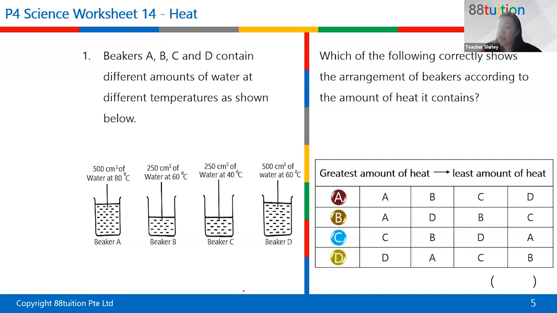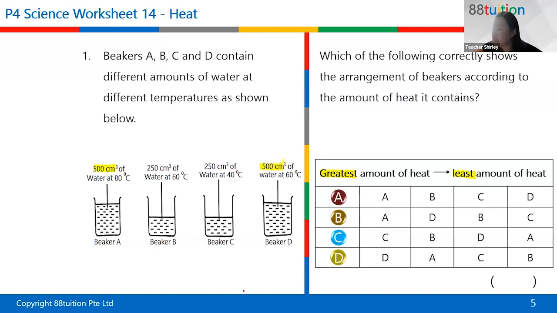Okay, now question 1. Beakers A, B, C, and D contain different amounts of water in different temperatures as shown. Which one correctly shows the arrangement of heat it contains? From the greatest to the least. There are two things we are looking at.